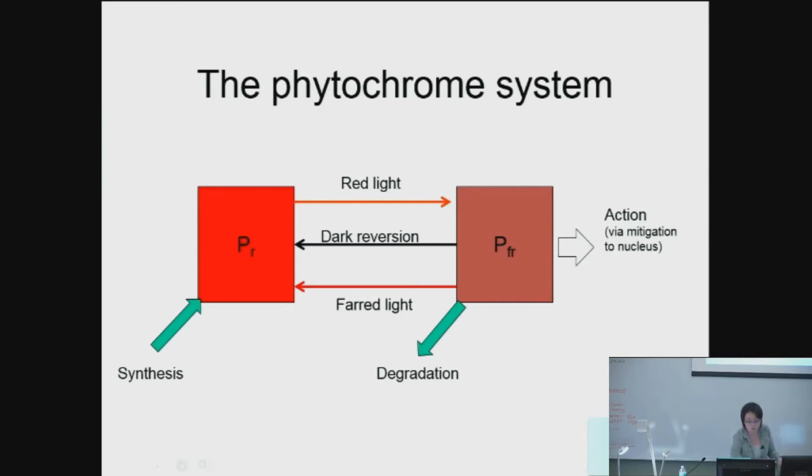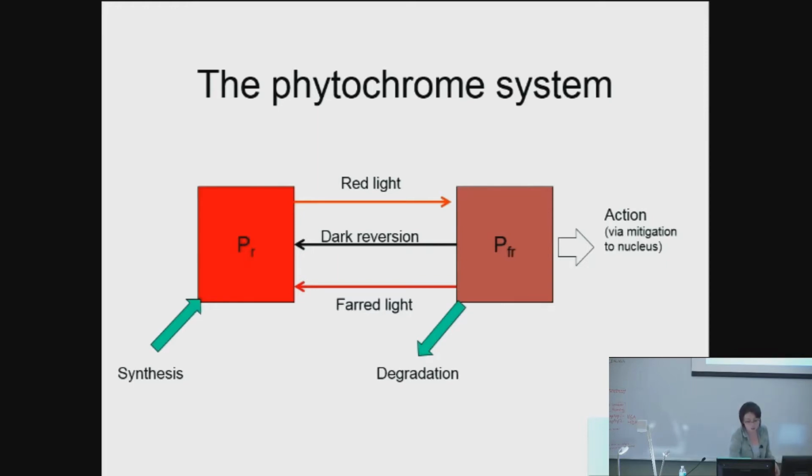The far red absorbing form is the most functional, biologically active form. It goes into the nucleus and starts causing some reactions, for example, enhancing or triggering germination, or making plants shorter. Making plants shorter is another example of a phytochrome mediated reaction.